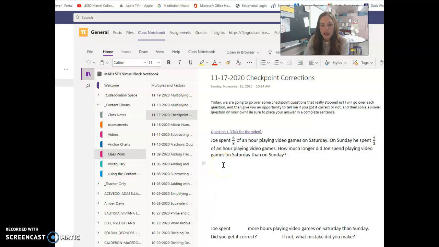So first we need to think, okay, what kind of problem is this? If we think back to our thinking patterns, that will tell us, are we going to add or subtract? We know those are our only two options for right now, since that's all we know how to do with fractions.